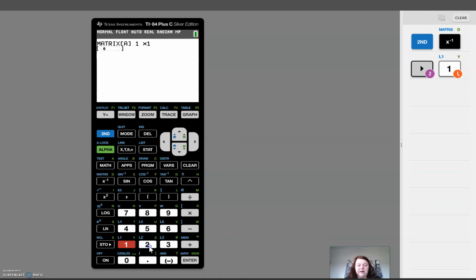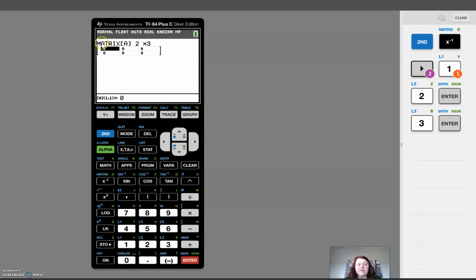So I'm going to go to my 2 by 3. When you do that, you should get a matrix with 6 spots available, 2 rows, 3 columns.